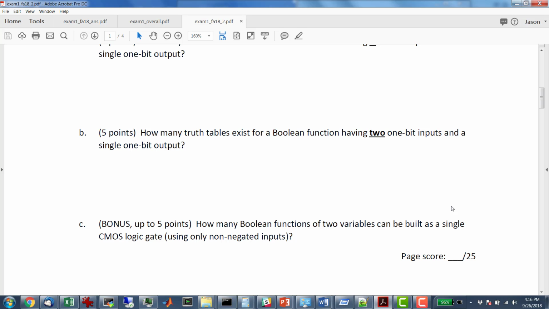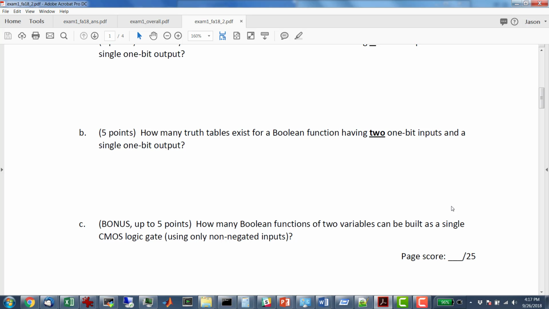But the trick is that the pull-up network has to be made with PMOS transistors, which only turn on with a 0. So what that means is that any case where the gate has to put an output of 1 means that you have to have at least one input that's a 0, right? And likewise, anytime the gate puts out a 0, anytime you have to pull down to ground, you have to have at least one 1-bit input.